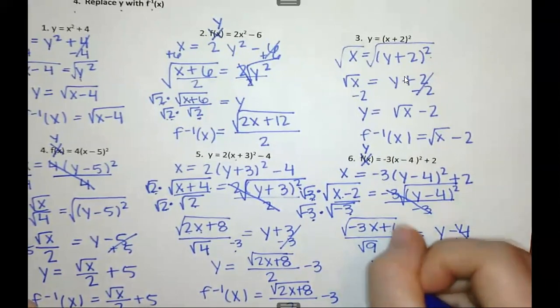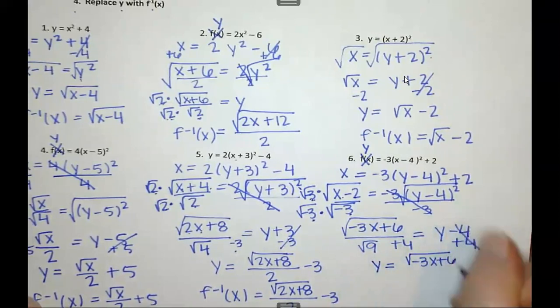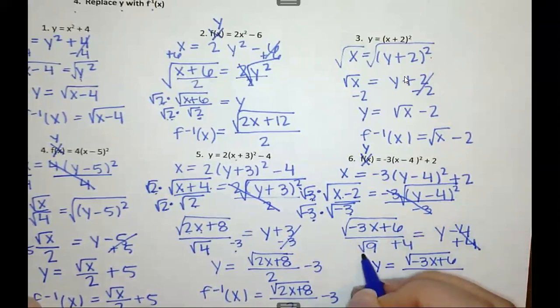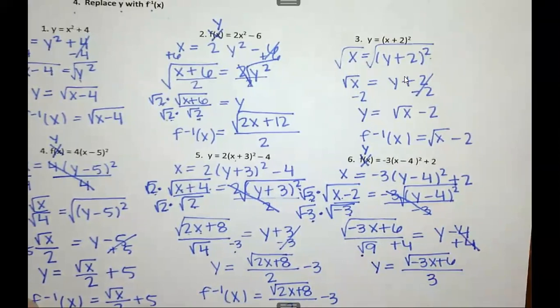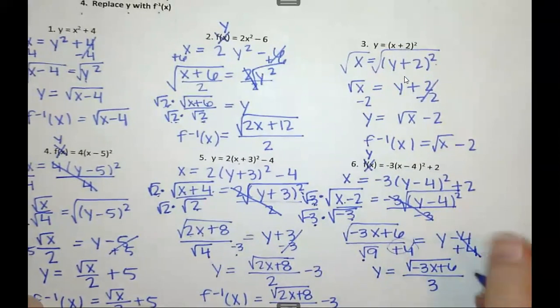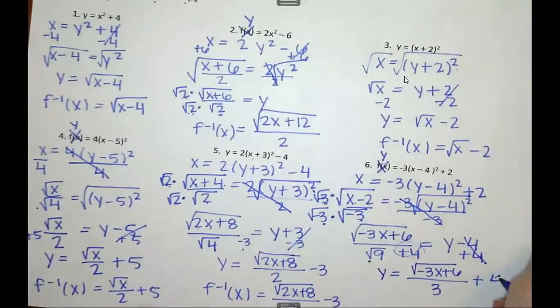So now I'm going to write the y on the left. I'll have the square root of negative 3x plus 6, which was over the square root of 9, but the square root of 9 is just 3. And we still have this plus 4 out here on the end.